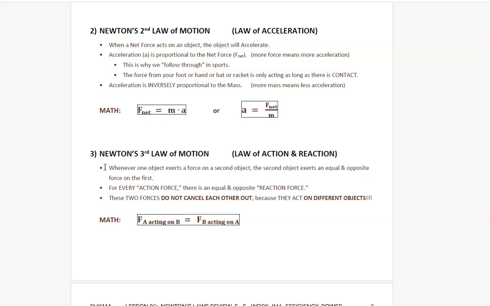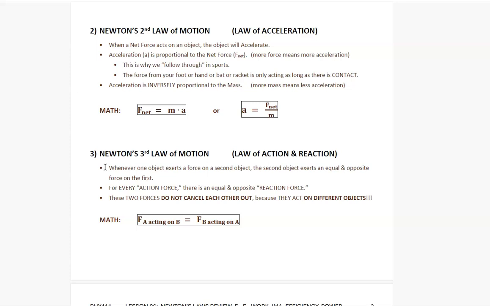The second that ball is released from the bat or the golf ball of the golf club or your hands, the moment it is released, the force has stopped on the object, and the ball will continue moving with the last velocity it had as it's being released from your hands or the club or the bat, etc.